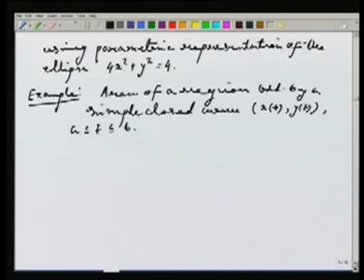Now what is area? Usually it is the double integral over R of dx dy.